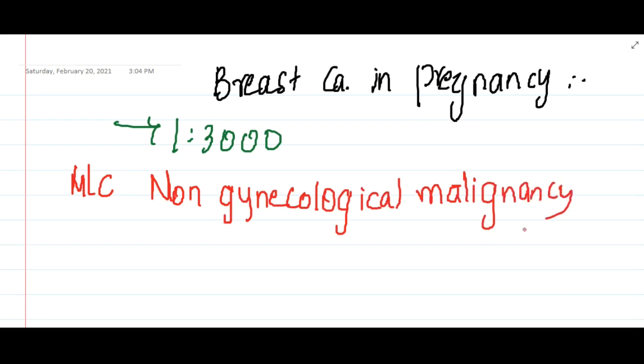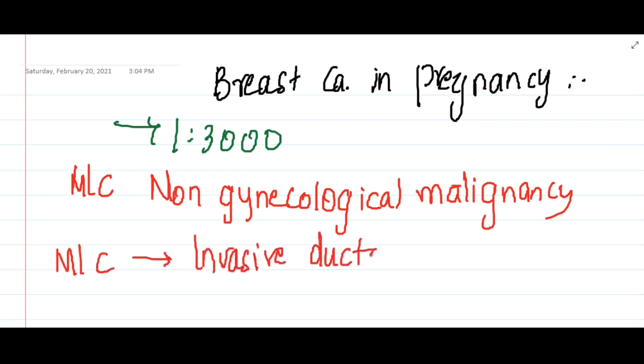The most common type of breast cancer involved in pregnancy is invasive ductal cancer, and the most common symptom seen in pregnancy is presence of a breast lump.